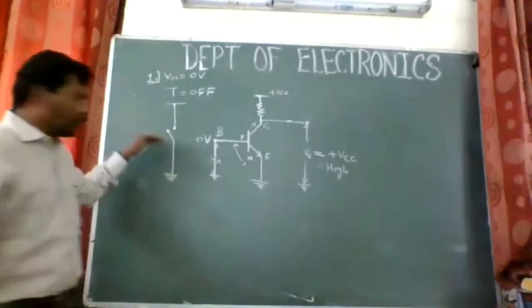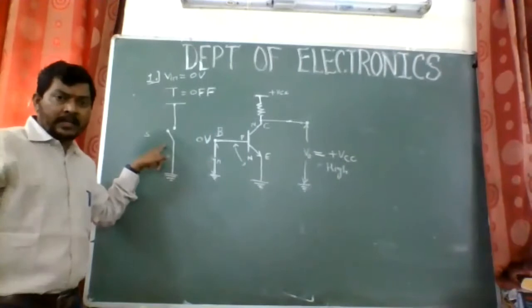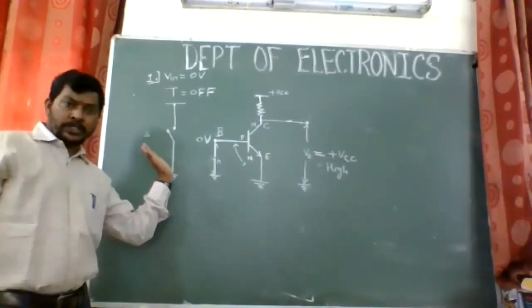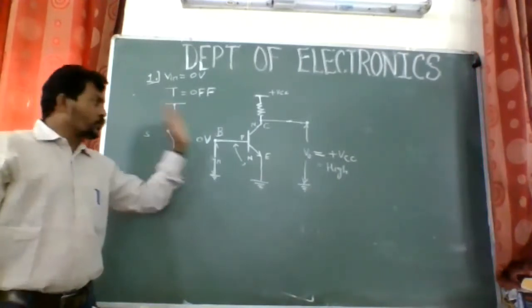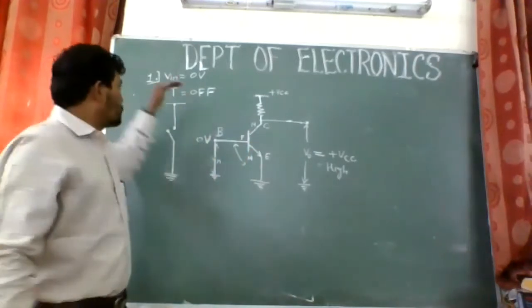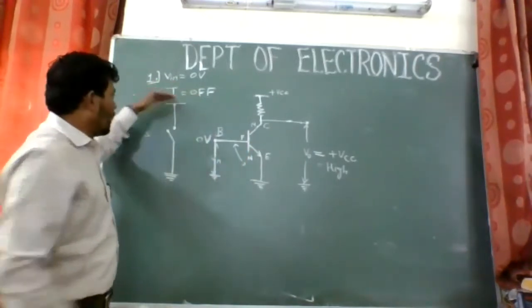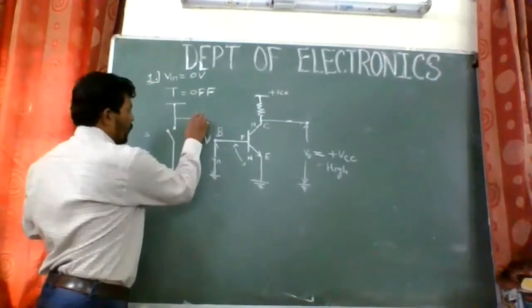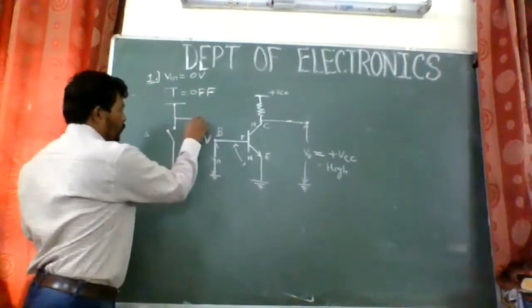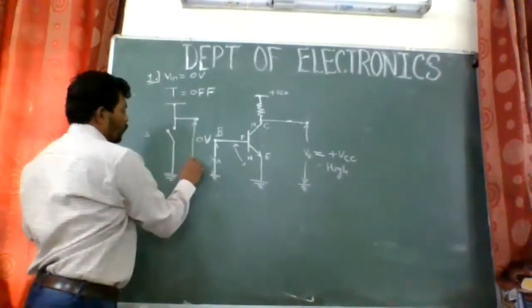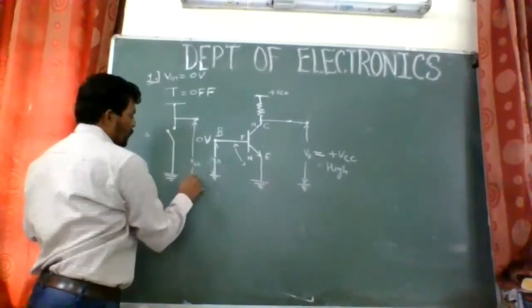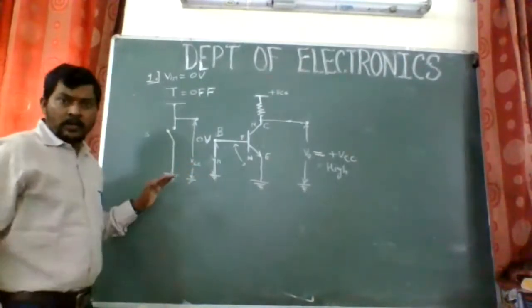As you can see here, it is acting as an open switch, meaning it is not conducting, the transistor is off, and the output voltage here will be equal to plus VCC with respect to ground, right?